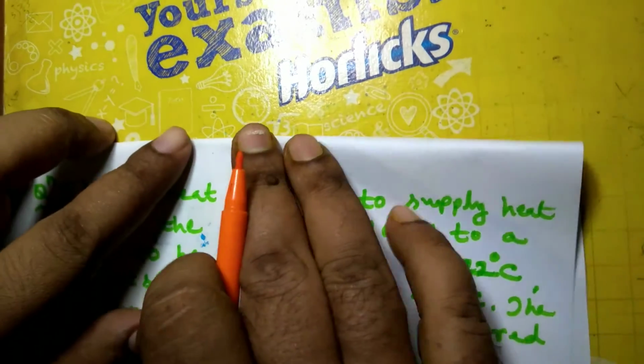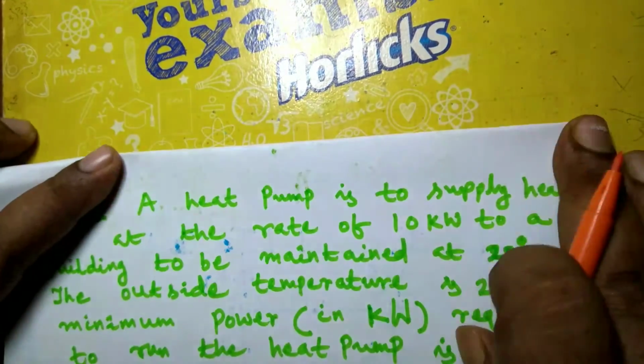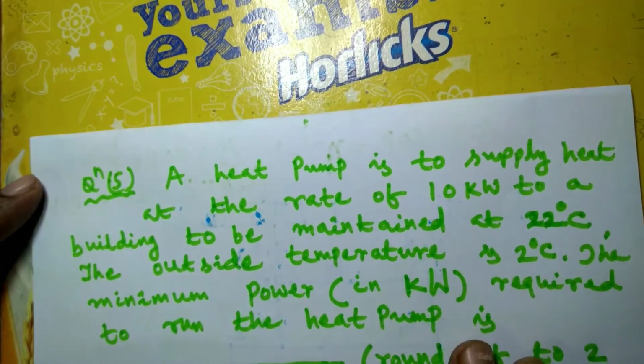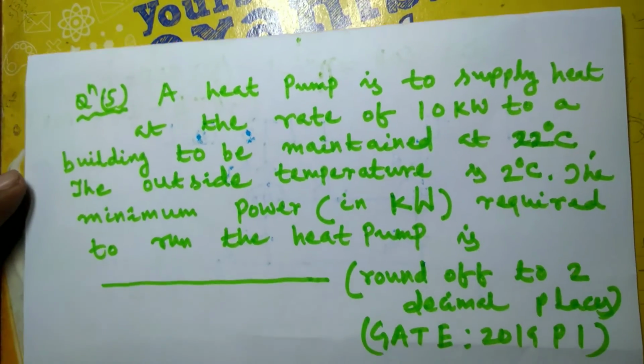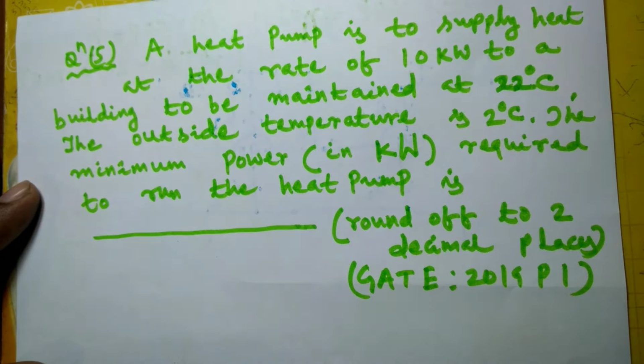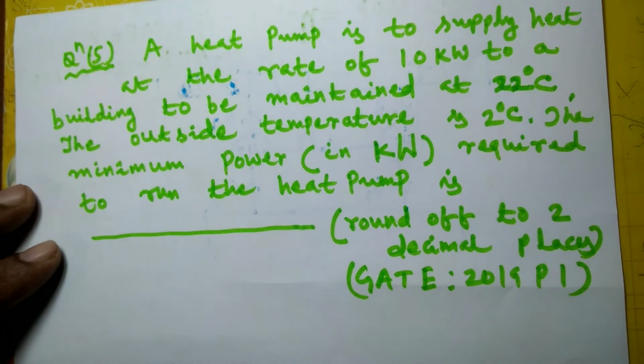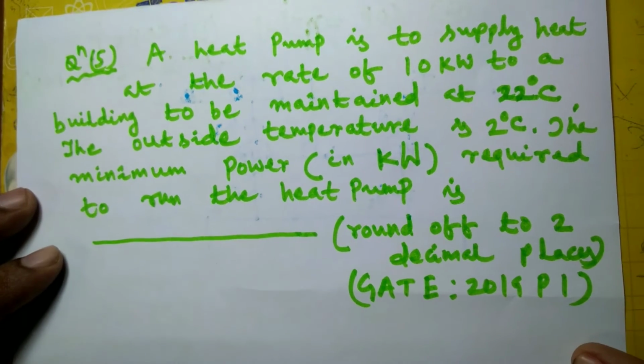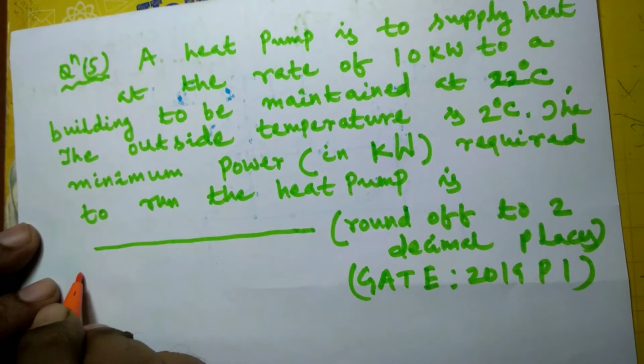So question number 5. The question is like this. A heat pump is to supply heat at the rate of 10 kilowatt to a building to be maintained at 22 degrees Celsius.